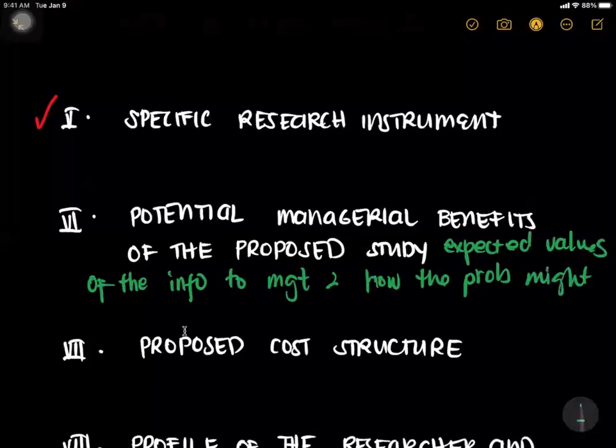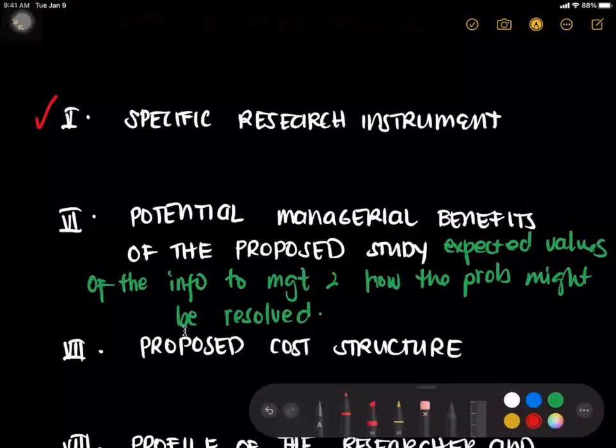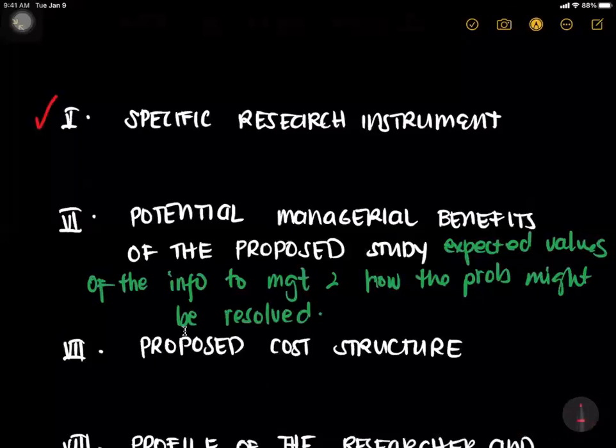In the research outline you are probably familiar with, this is already like your significance of the study. So your potential managerial benefits would actually talk about the significance of the study. That's how you're going to discuss that.